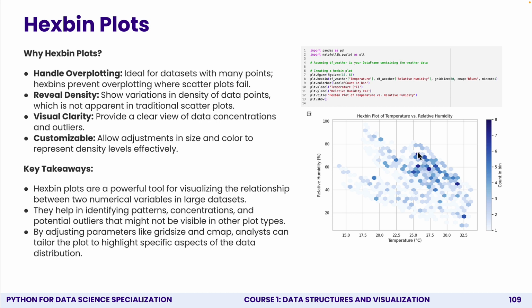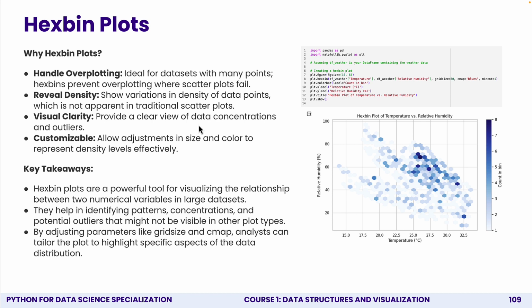Dark locations mean we have a concentration of points, and white or bright locations mean we don't have a big concentration. For example, here we have 1, 2 points, 1, 2 points, so it seems the concentration of points is within this area.